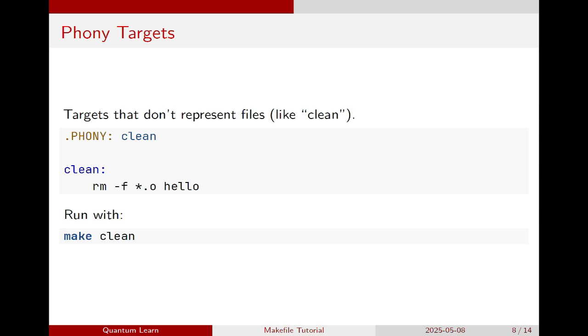What I will do is define .PHONY with the target name inside the Makefile. So whenever it encounters the clean target, it will run this rule: rm -f *.o hello. If I want to use this target, I will say make clean. Even if I have a local file named clean, make will not get confused.